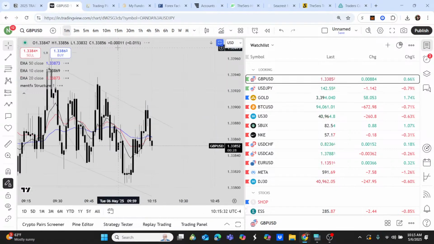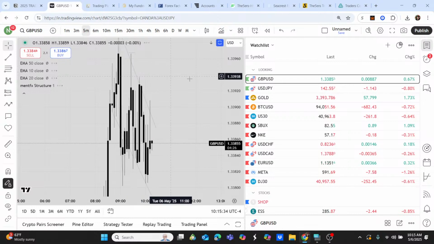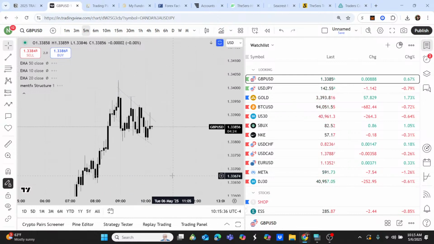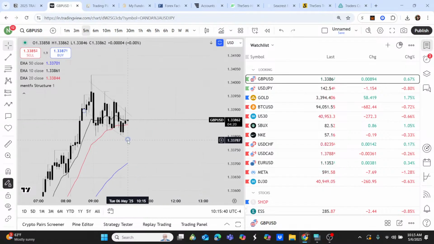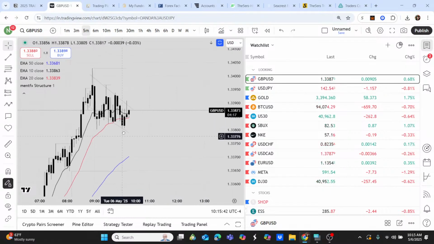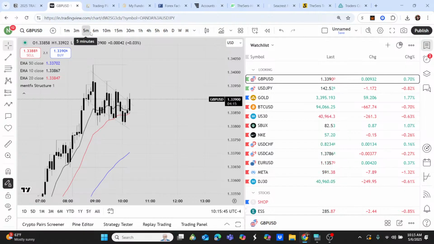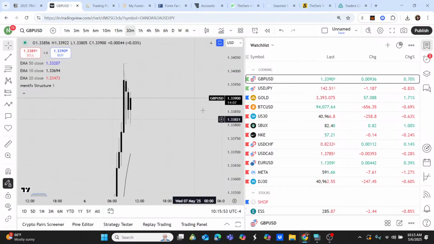Let me just take a look at GBP USD again. Still in the same area. I do think it could come just a bit lower. That's all I'm waiting for.